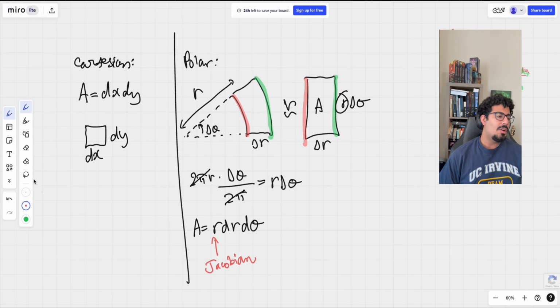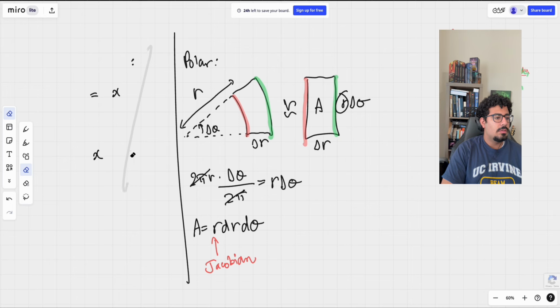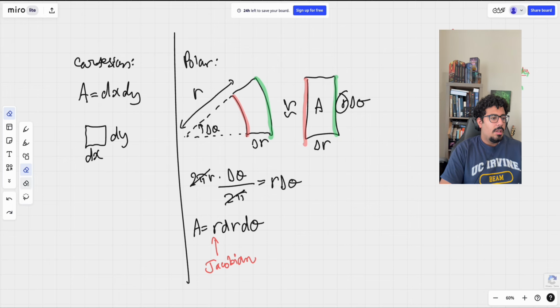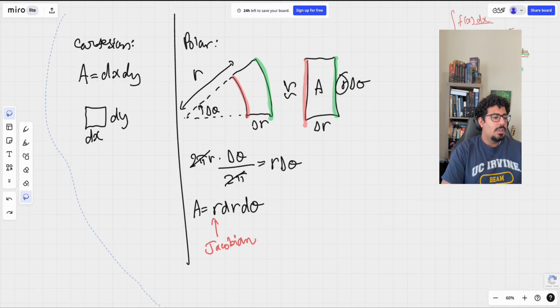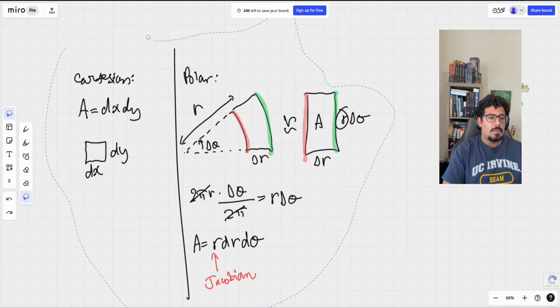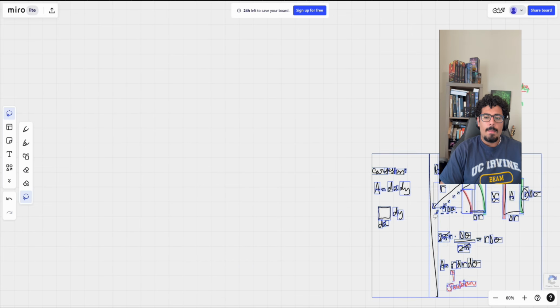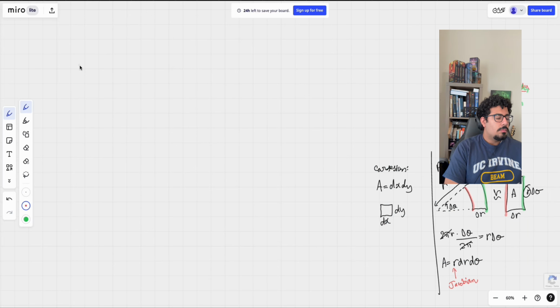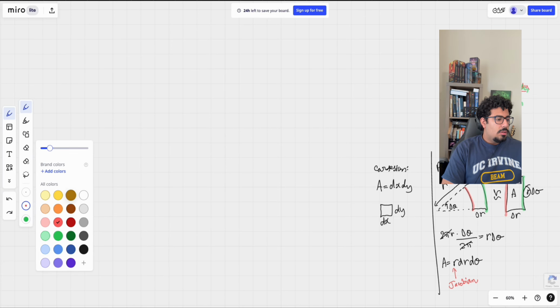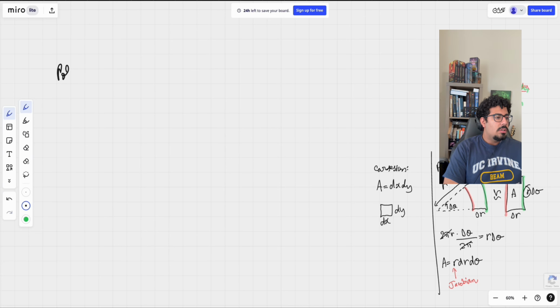And now let's talk about the more general case. Let me not erase that. I'll put this to the side. So from polar to Cartesian coordinates, we have certain conversions.